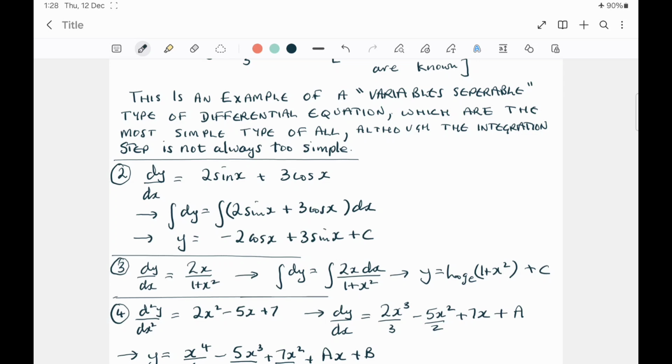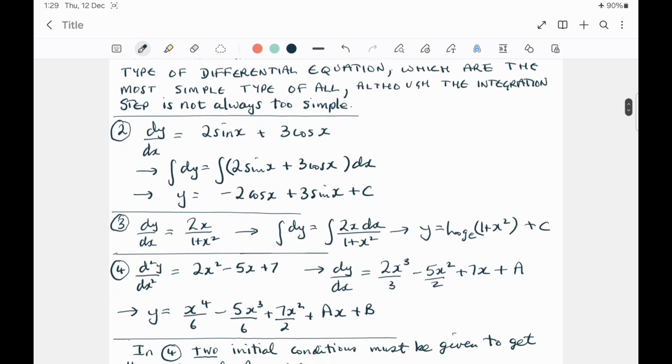First of all, write the left-hand side as the integral of dy equals the integral of 2 sine x plus 3 cos x dx, and then perform the integration. The left-hand side becomes y, and the right-hand side becomes minus 2 cos x plus 3 sine x plus c. So that deals with that. Again, c can only be found if initial conditions are given.